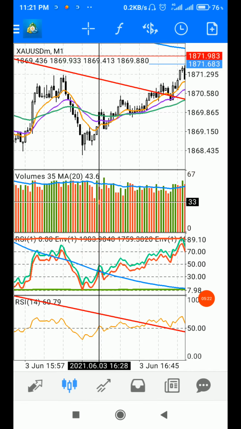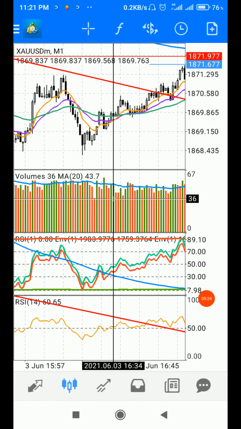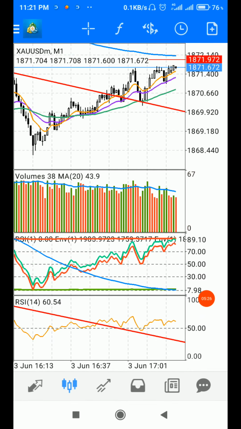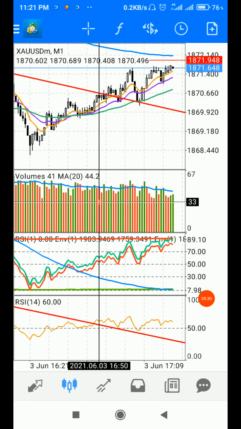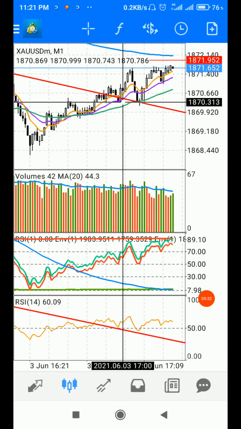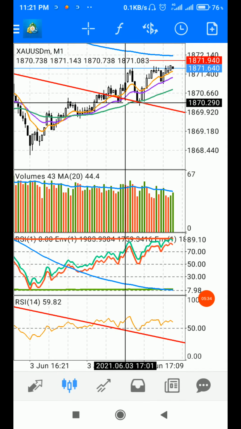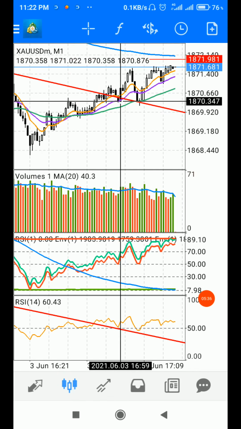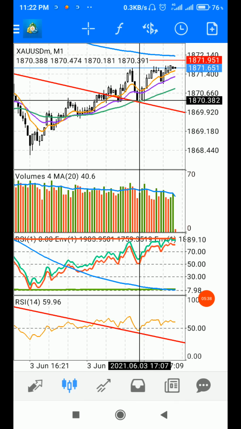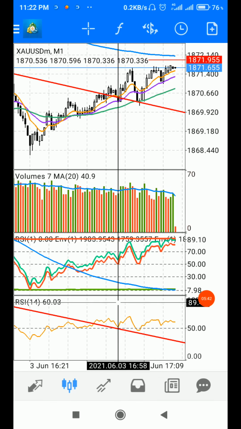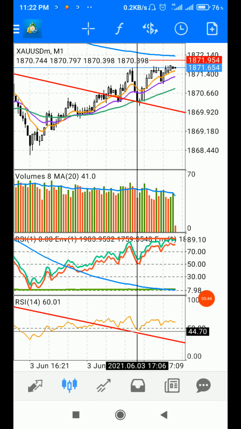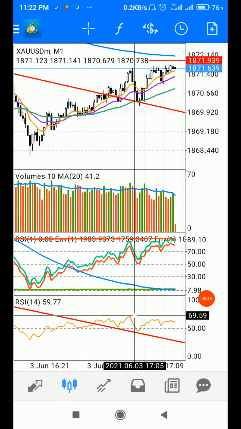And if you see from this point to this point, the down slope, but on the same, this point to this point, also the down slope.